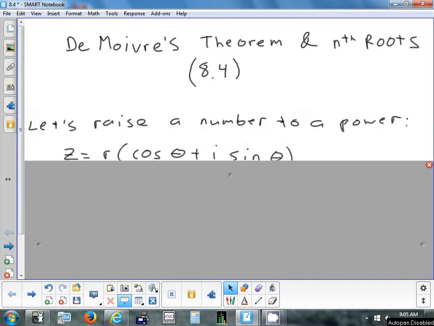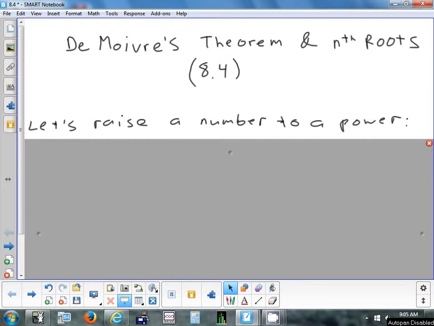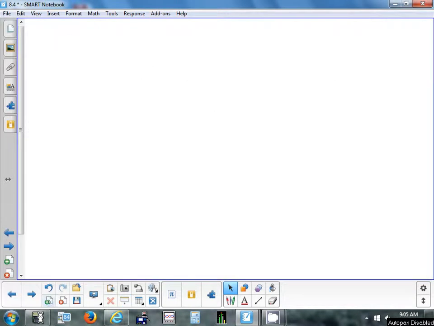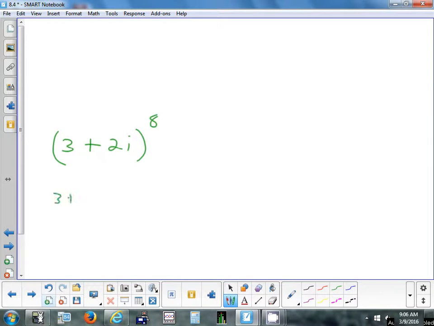The reason why raising a number to a power can be time consuming is, imagine you had something like, let's just say, 3 plus 2i to the 8th power. To do that out, I would have to write 3 plus 2i 8 times, and then I would have to FOIL all 8 pairs of parentheses.